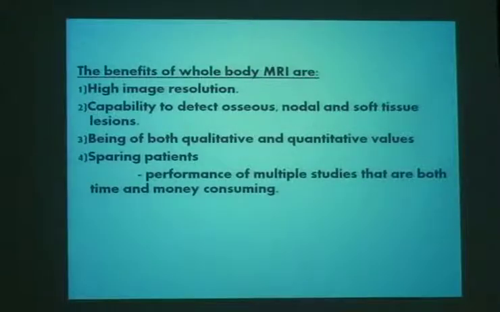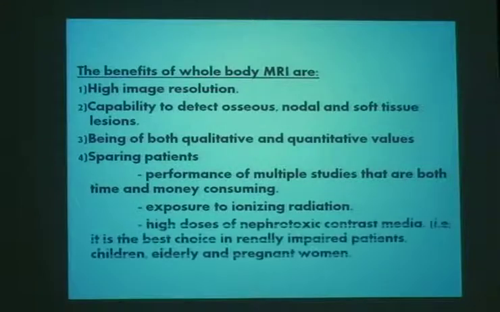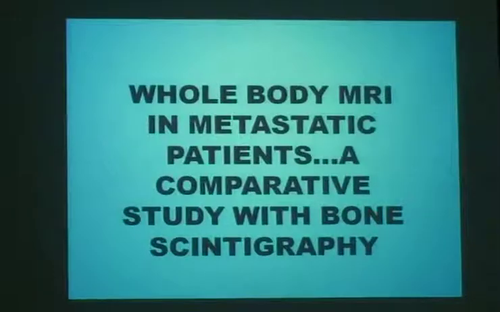It spares patients multiple studies that are both time and money consuming, and spares them exposure to ionizing radiation. It is also the modality of choice in renally impaired patients, children, the elderly, and pregnant women who are going to perform regular follow-up studies for malignancy or multi-system affection in other diseases or disorders.